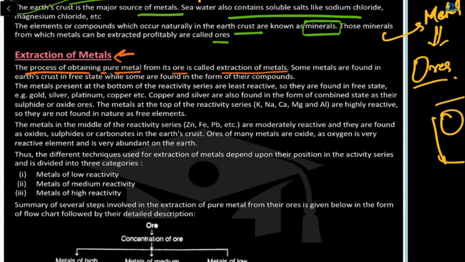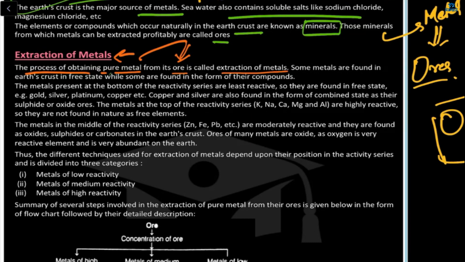What is the process? The process of obtaining a pure metal from ores. If we obtain a pure metal from ores, that is known as the extraction of metals.